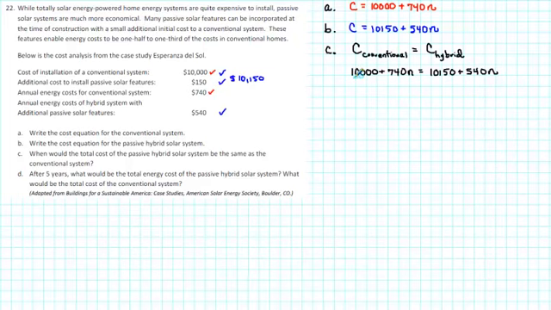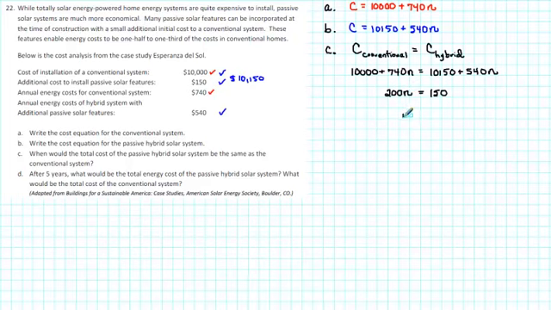So let's take away 10,000 from both sides. That will give us 150 on the right hand side of the equation. And we'll take 540 N away from both sides, and that will give us 200 N on the left side.